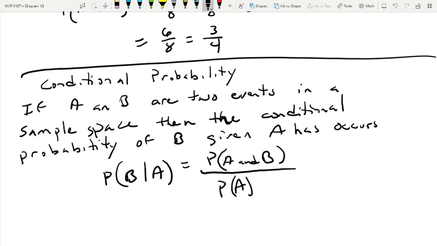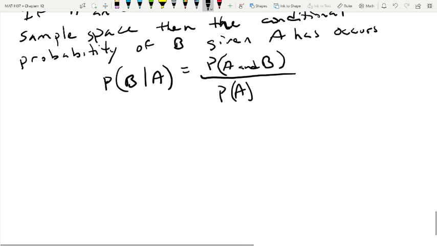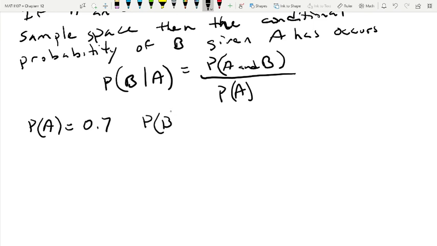So given something like this, we have some probabilities. I'm going to say the probability of A is 0.7. The probability of B is 0.4. And the probability of A and B is 0.25.